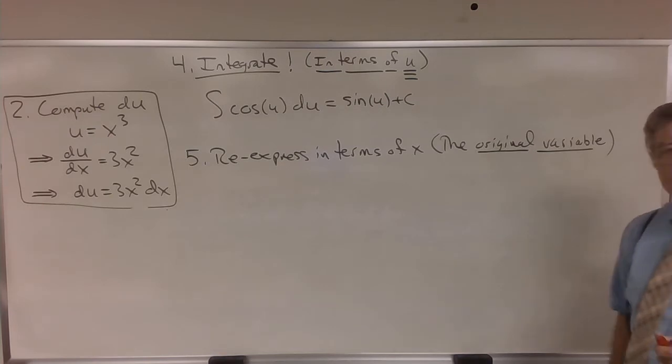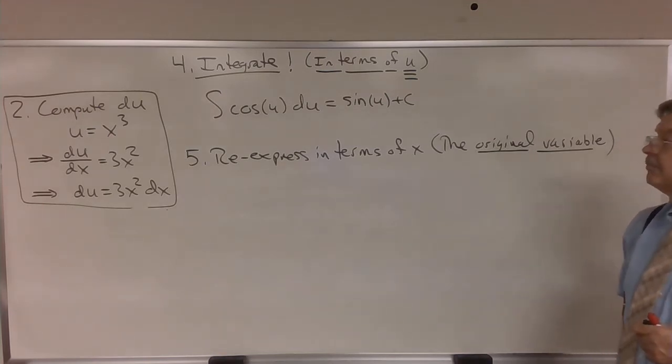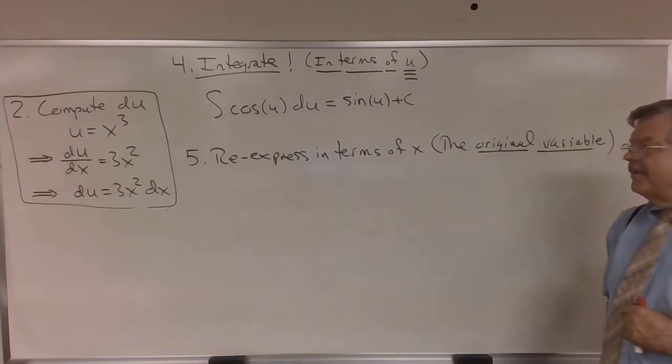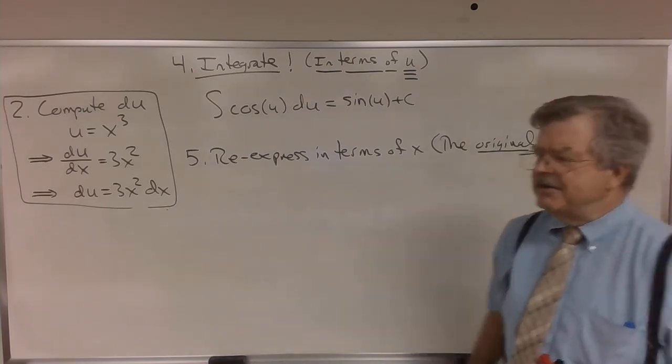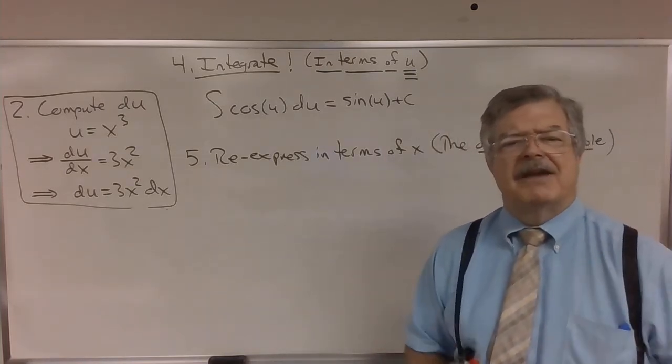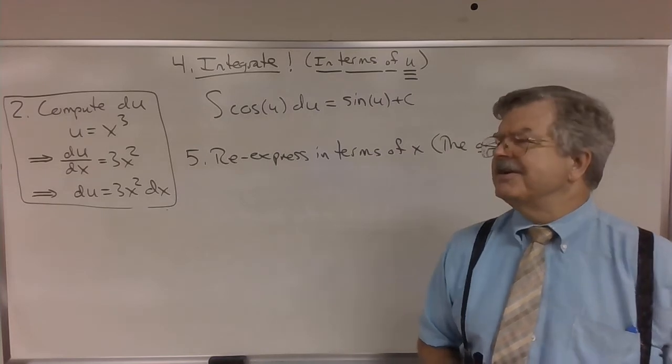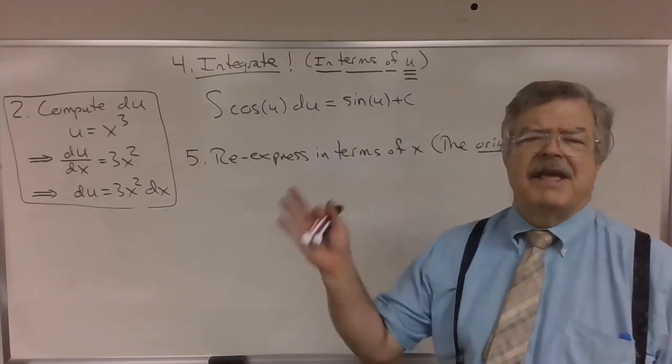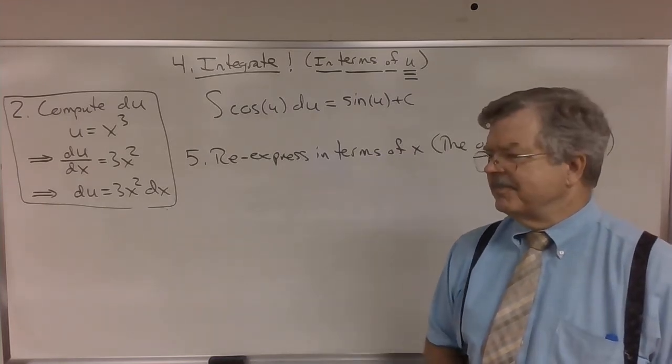We started out in terms of x. We need to finish in terms of x. That would be like me going to Europe on vacation, and I go to this international restaurant, and since it's an international restaurant, they take American currency.